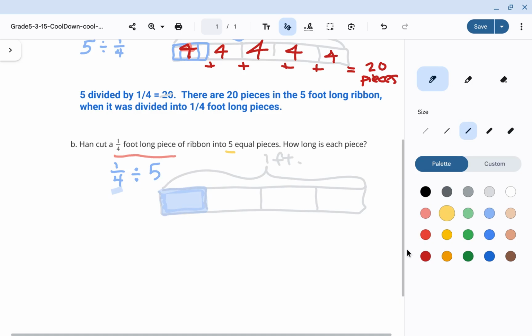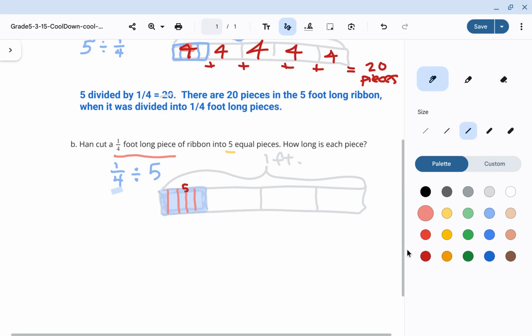It is going to be broken up into 5 pieces. Certainly, that's kind of what we ended up doing above. But for the sake of showing it as well for this one, I'm going to draw these 5 pieces. 1, 2, 3, 4, 5. I see 5 equal pieces in this 1/4 of a foot, right?